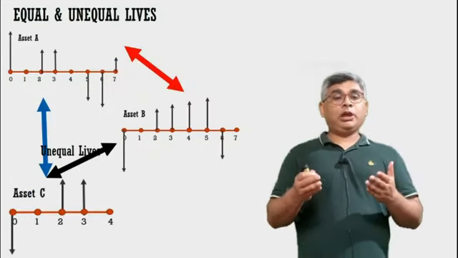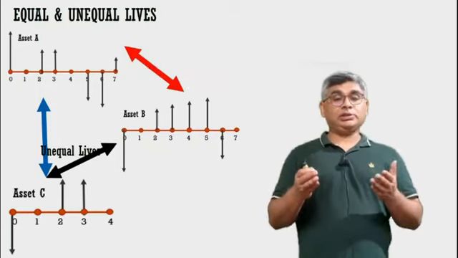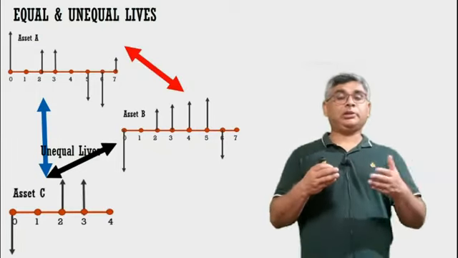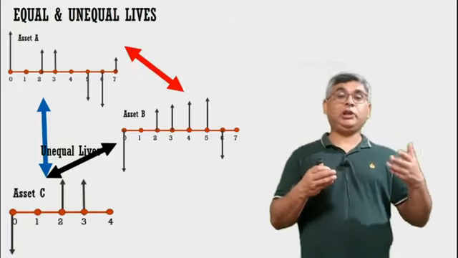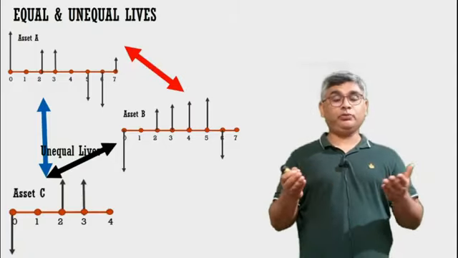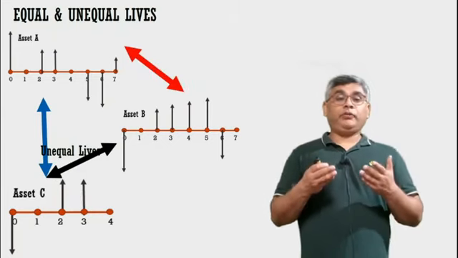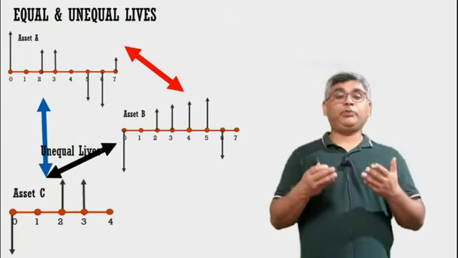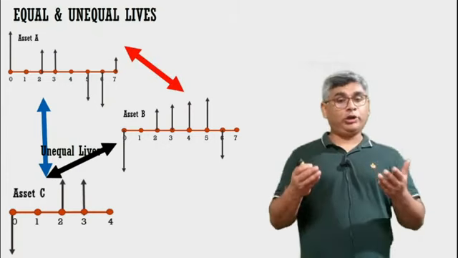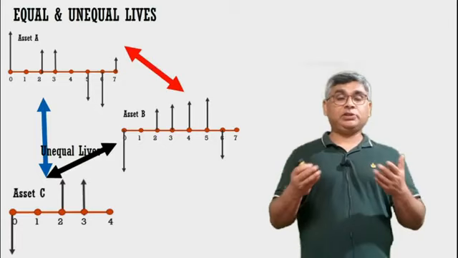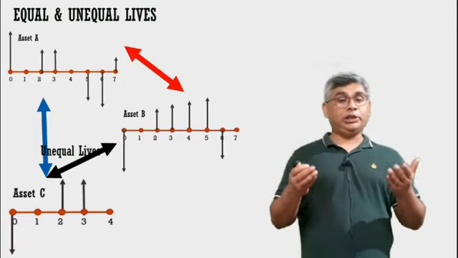Now, whenever we are doing analysis using the present worth method, or any other method like the equivalent annual worth method or the future worth method, we have two conditions. Either we have a comparison of alternatives with equal lives, or a comparison of alternatives with unequal lives.